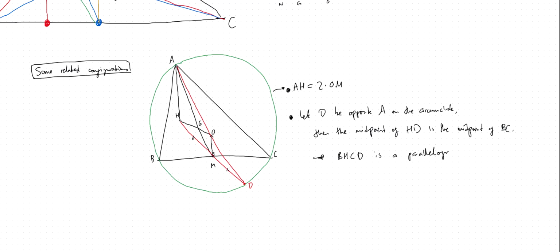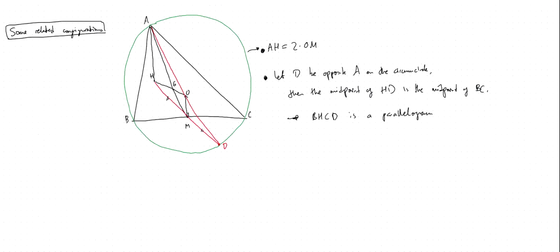We can also prove this directly. Right? BH is perpendicular to AC, and CD is also perpendicular to AC, because AD is a diameter. Therefore, BH is parallel to CD.